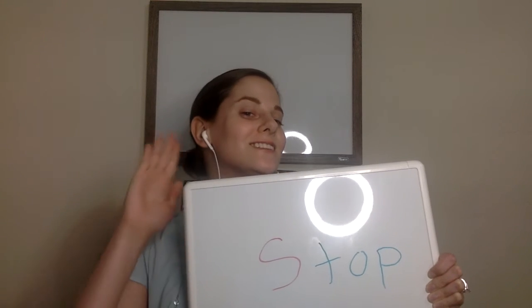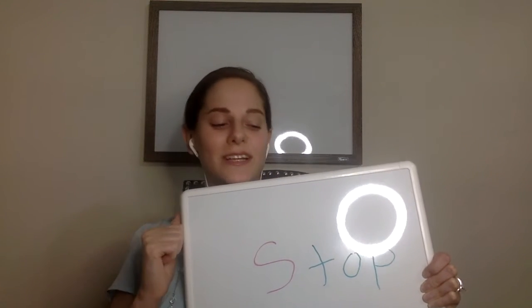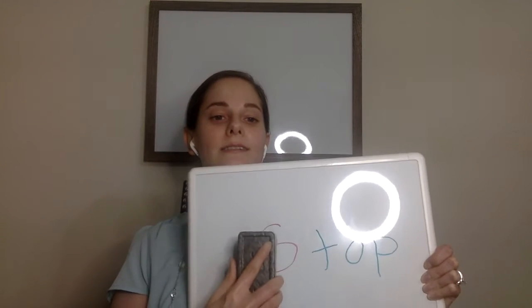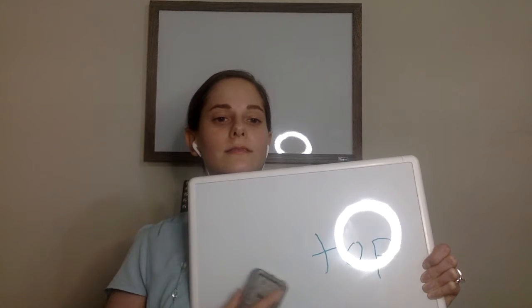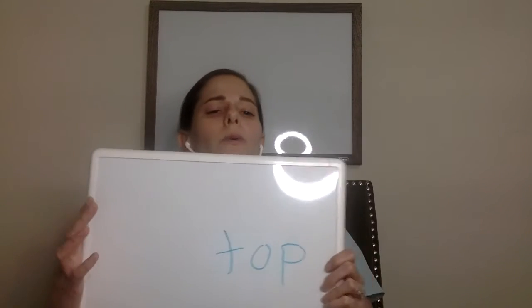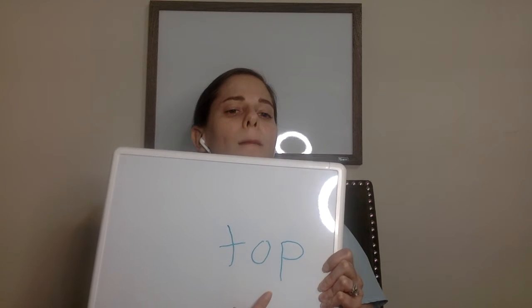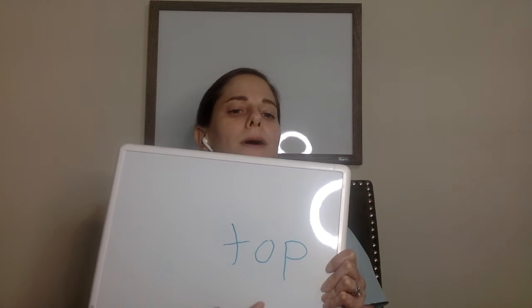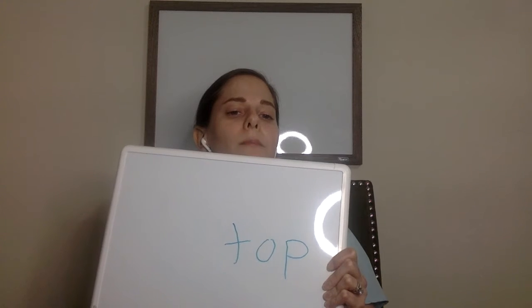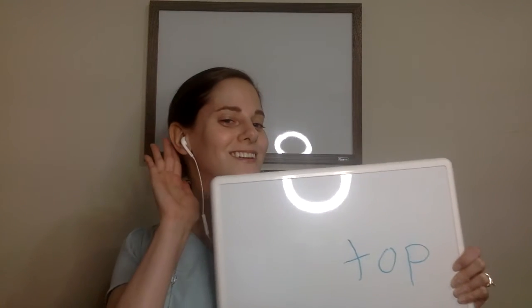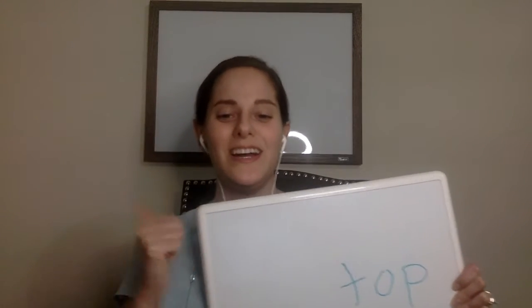What's that word, class? Stop. That's right. Okay, let's take off the S sound. What word do we have now? T, o, p. What word is it? Top. That's right. Very good.